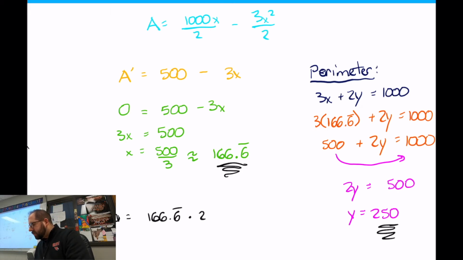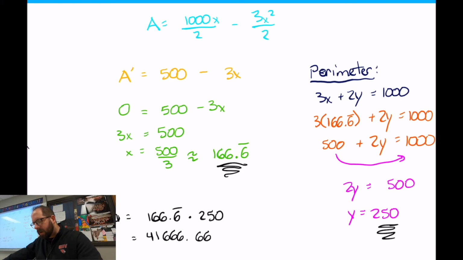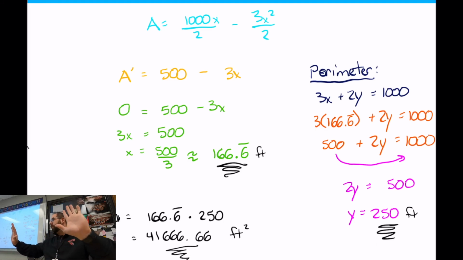I typed in a few 6s just so I can see what it would do. 41,666.66 basically, going a few decimal places, but that's the area. This is in feet, so it's feet squared. This is the optimum area, the biggest area for both fences. If you want the area of the 2 individual pens, just divide it by 2.